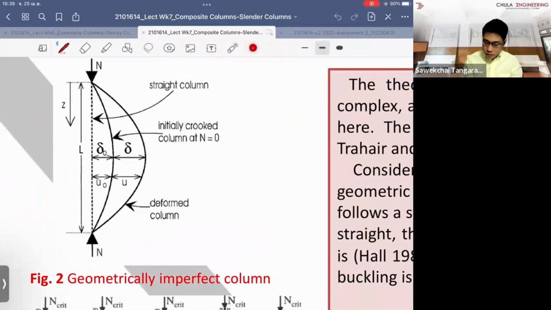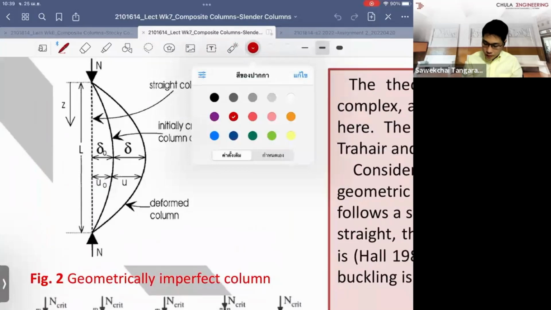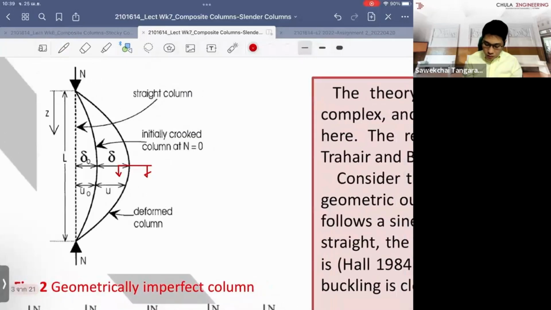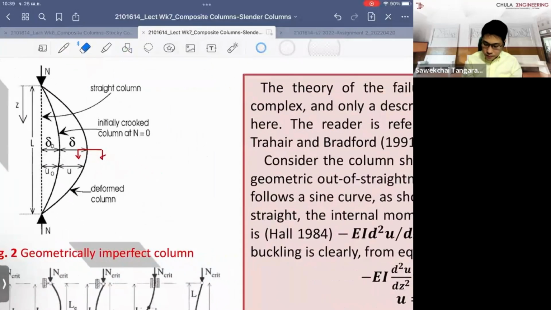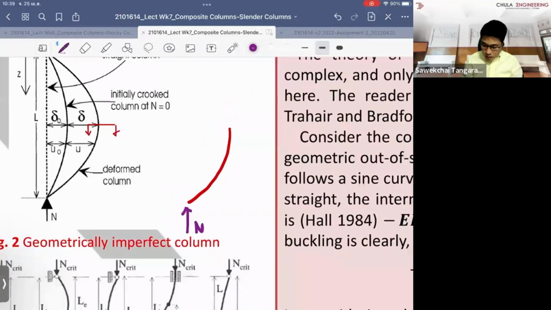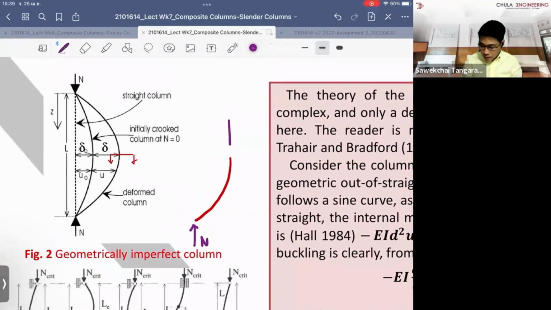Everyone knows that if you have the out of plane deformation and I cut the cross section somewhere here, what I see is this: the axial force, and the axial force has to satisfy equilibrium.